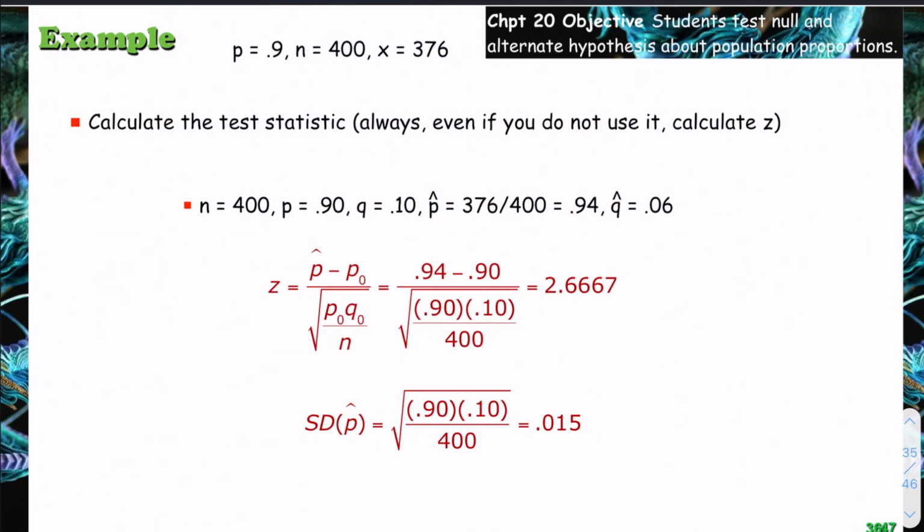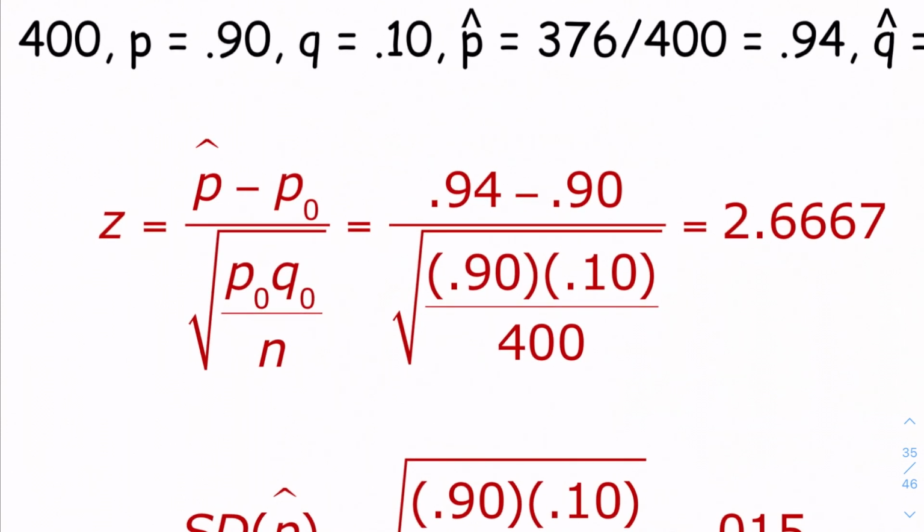So calculate the test statistic as always, even if you do not use the calculator, use it. We are going to calculate Z. I know it seems ridiculous, but in order to justify using the technology, we need to come up with the test statistic, which is our Z-score. To find Z, it's p hat minus our null hypothesis divided by 0.015, which is what we found.